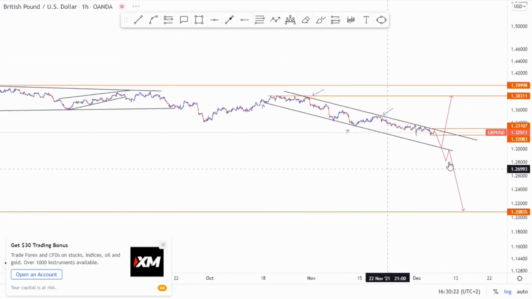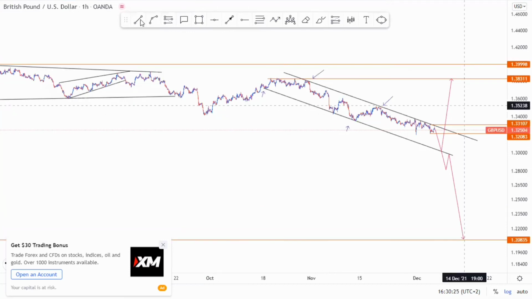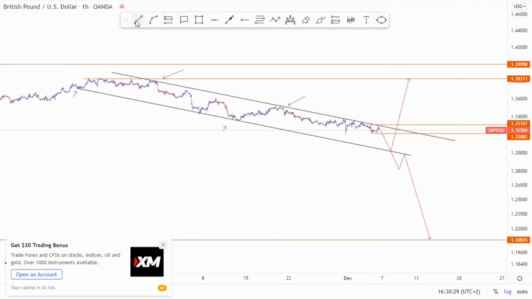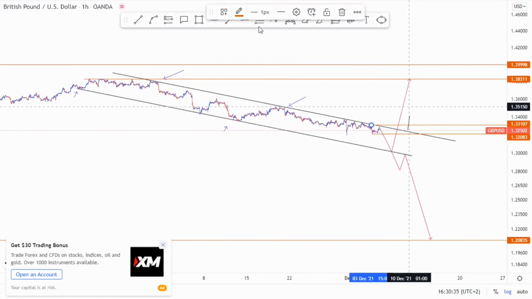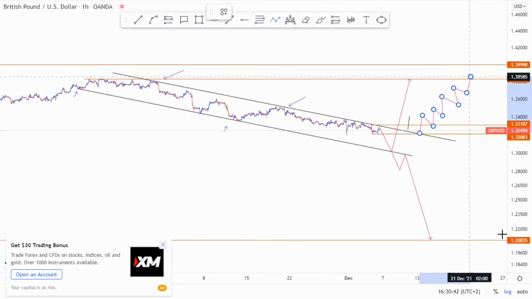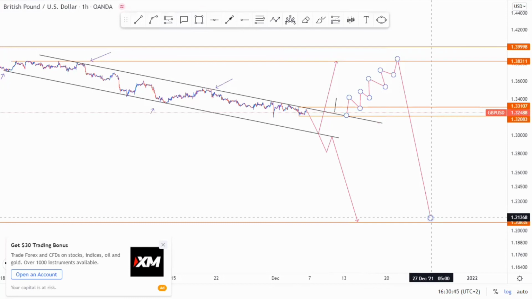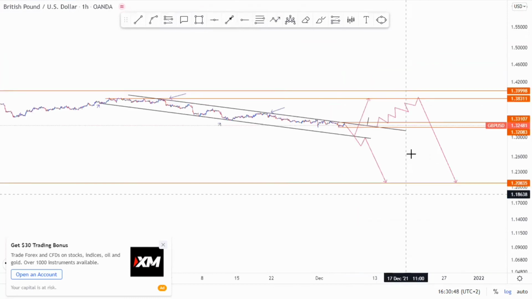It's highly possible. But as I said, on the one day time frame, I will be expecting price to correct to the upside and here drop to the downside to complete the higher time frame structure.